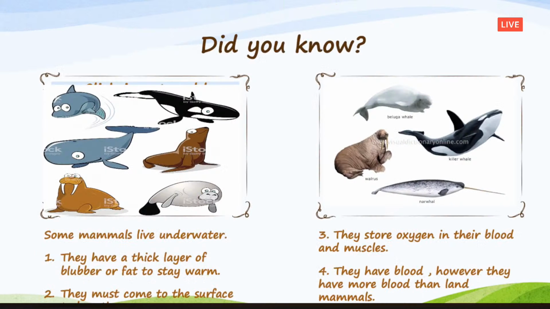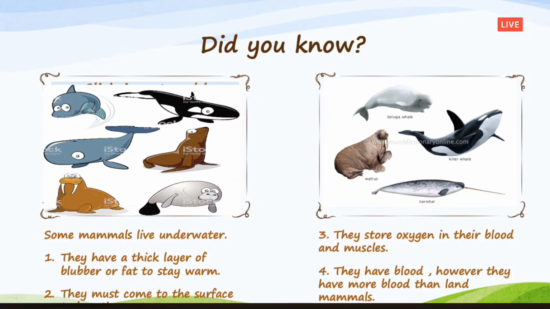Now, here's some fun facts about mammals. Did you know that some mammals live underwater? Yes, we have mammals that live underwater. They have a thick layer of blubber or fat that helps them to stay warm. However, even though they live underwater, they have to come to the surface in order to get oxygen to breathe.